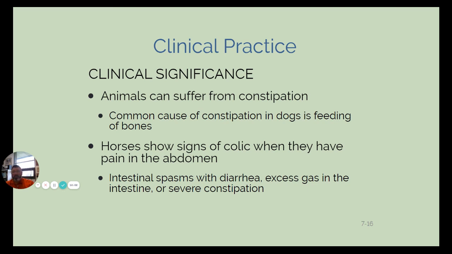and that can be problematic because, especially when you get to horses, colic is very similar to kind of a blend between an increase in gas in the intestinal tract and a slowing down or a slight constipation of the intestinal tract, where you'll have gas buildup.